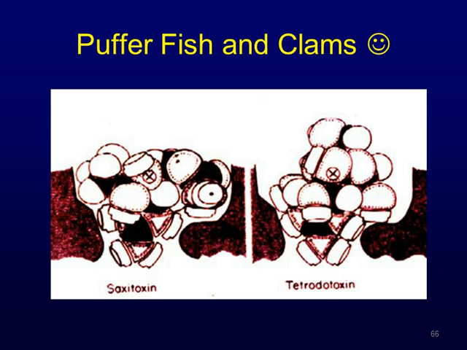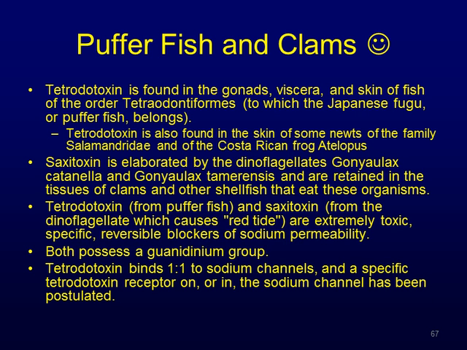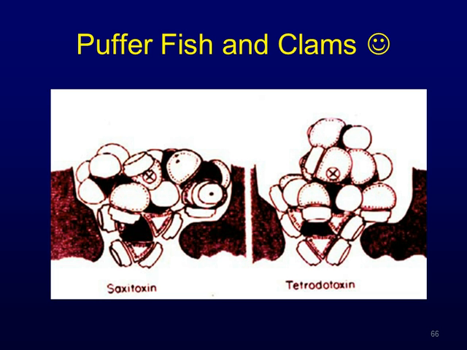The toxin that's in pufferfish will bind to the outside of the sodium channel permanently. And if it is not made just right, you are a dead person. If you get a certain part of the pufferfish that has all of this toxin, the gonads and the viscera, if it's not cleaned right and you eat it, you are dead. And there is no reversal to this. So be careful eating pufferfish.